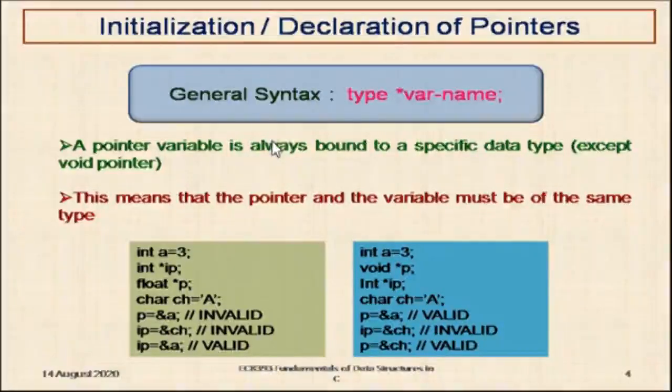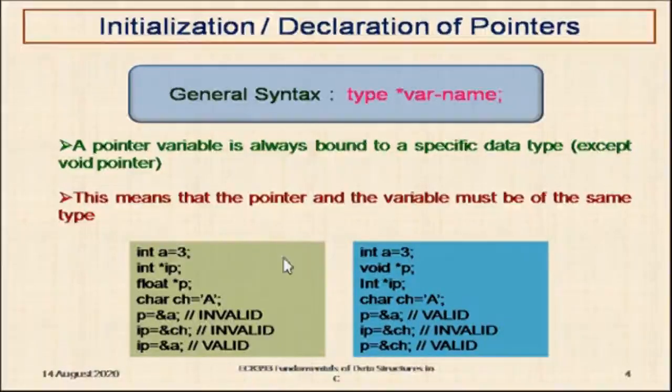The point I would like to insist upon here is that the pointer variable and the variable whose address is going to be stored in this pointer variable should be of the same type. This means that the pointer and the variable must be of the same type. What is the meaning? The pointer variable should be of the type of the variable whose address is going to be assigned to this pointer.